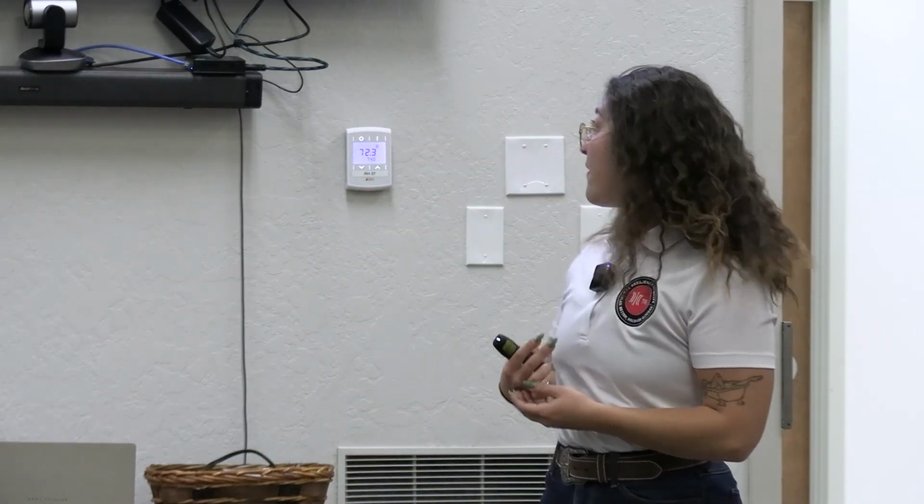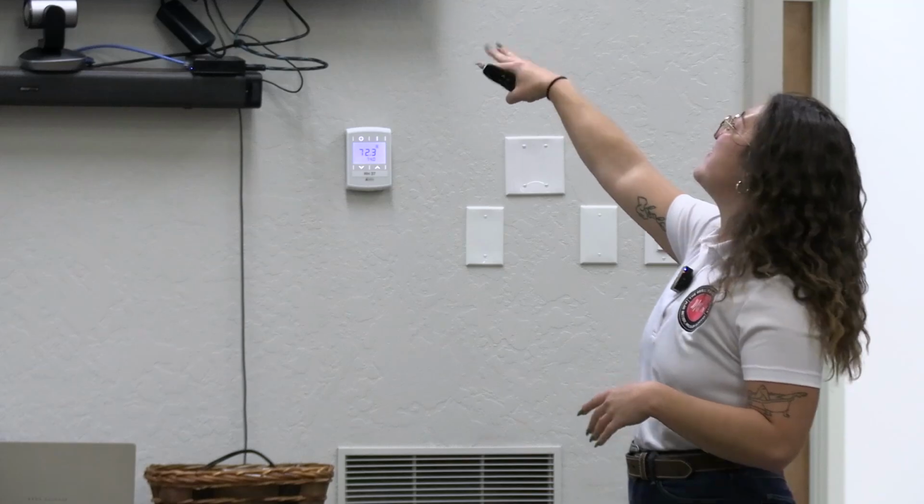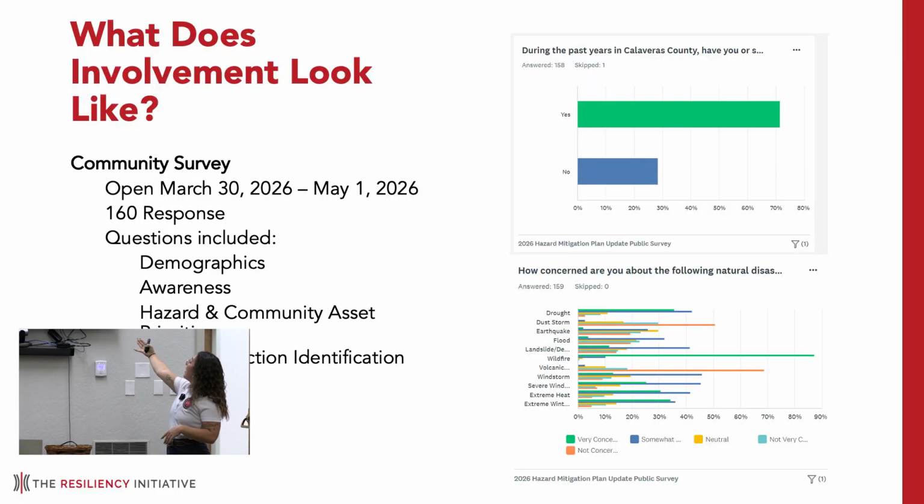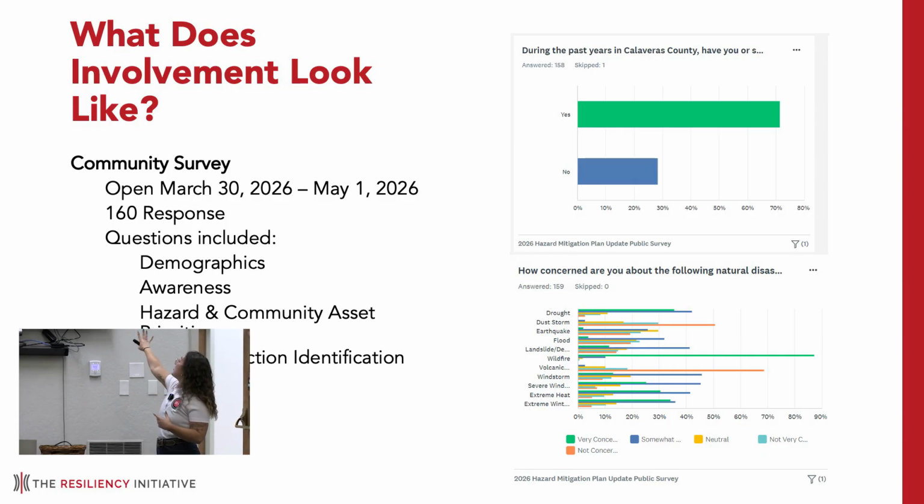So as you can see from this bottom one, volcanic risk, not concerned, right? So the survey results support what we decided with our hazard profile with our steering committee. In addition, wildfire being highest risk, highest priority from the community members, supports and backs up what we identified with our hazard profile with our steering committee.